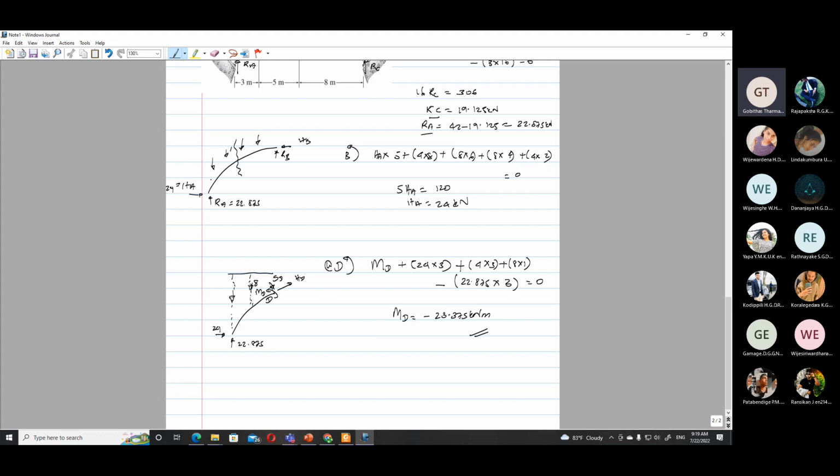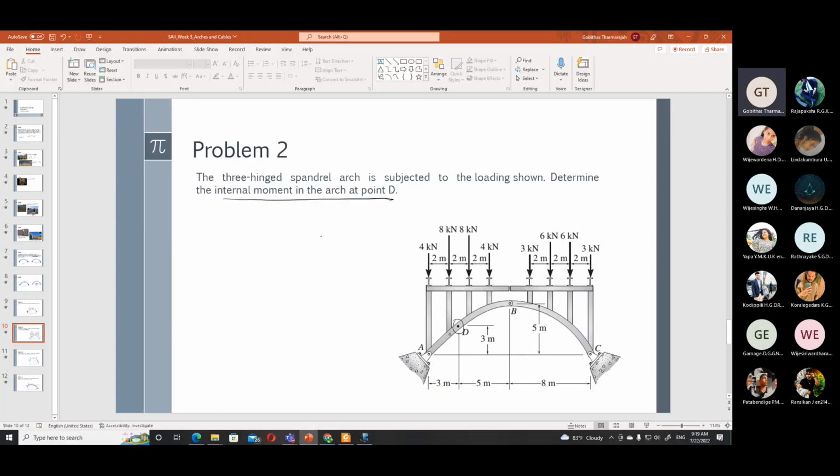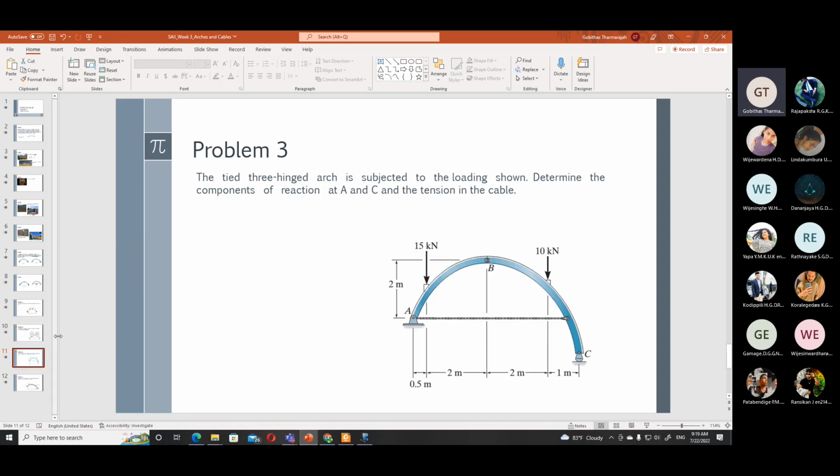And you can balance horizontally and vertically and find SD and HD as well. So that is also possible. That is how we can work this out. If you look at this one, I'm not going to do this, but I'm going to tell you how.